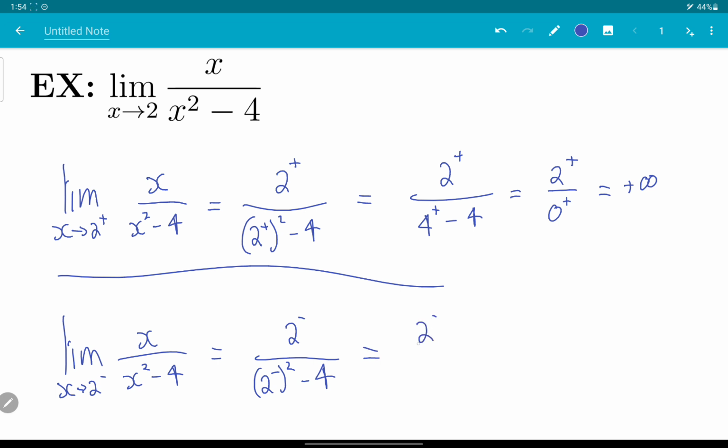Now on the bottom, 2 minus is something slightly smaller than 2. When I square it, I get something slightly smaller than 4. And if I subtract 4, I get something a little bit negative, right?